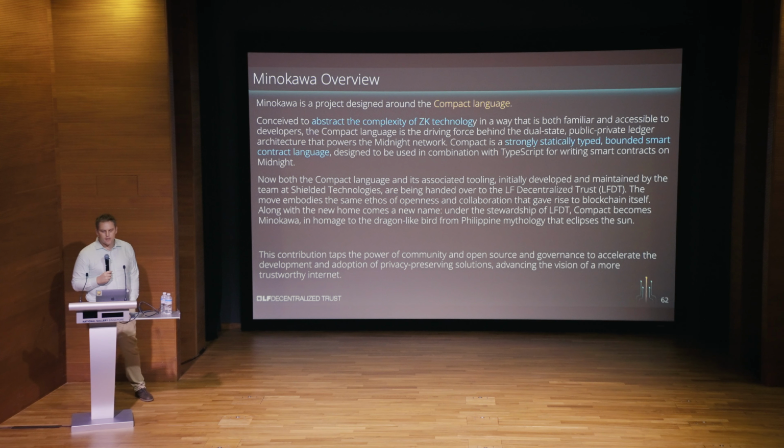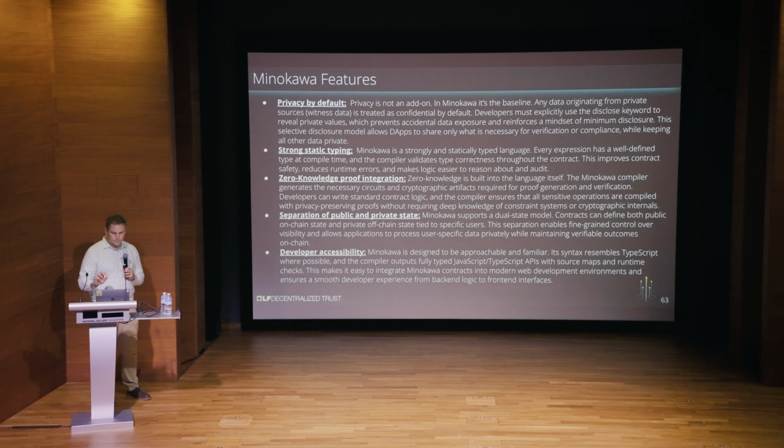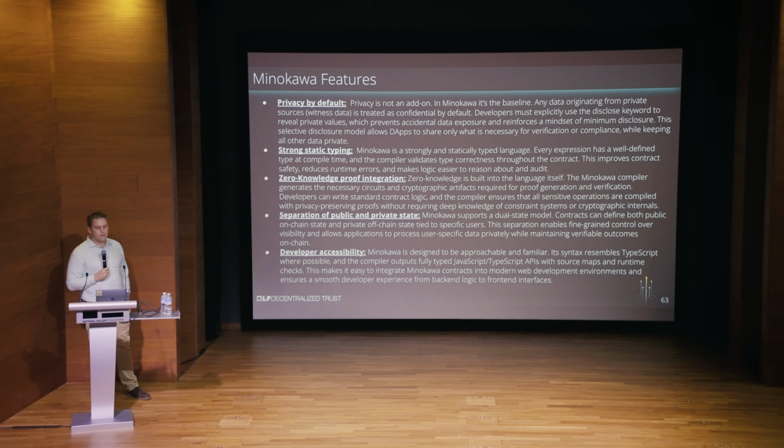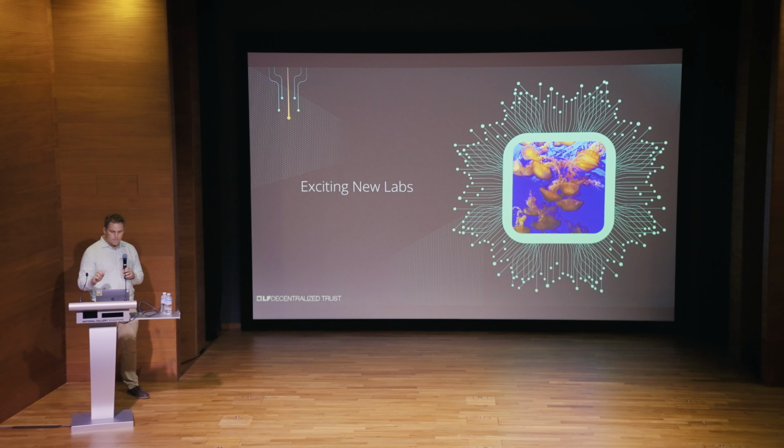It's a statically typed, bounded smart contract language, with really nice on- and off-chain separation and functionality. Some common features. I think the really nice thing to point out here is the strong static typing and the separation of public and private state. It makes it really easy for developers to use. I don't need to read all that out to you.